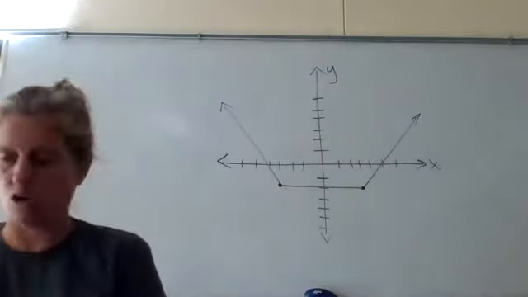So it is decreasing here. Now, once it gets to this point, it's going straight across. So this is where it is constant. It's not increasing or decreasing. It's going straight across. Then once it gets to this point, it starts to go up again. So here's where it is increasing.